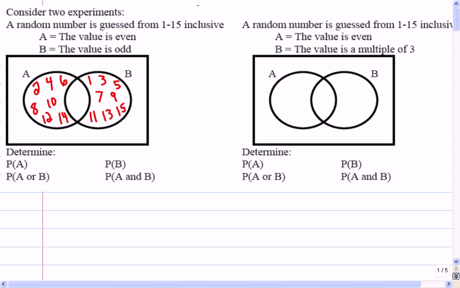What's the probability that A occurs? Meaning, what's the probability you guess an even number? Yeah, there's 7 items in A, so it would be 7 out of 15. What about B? Yeah, there's 8 out of 15.